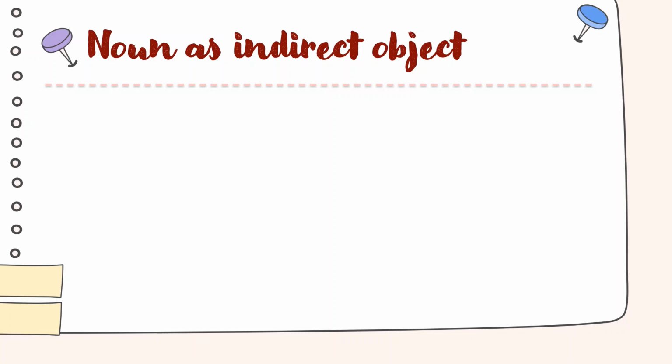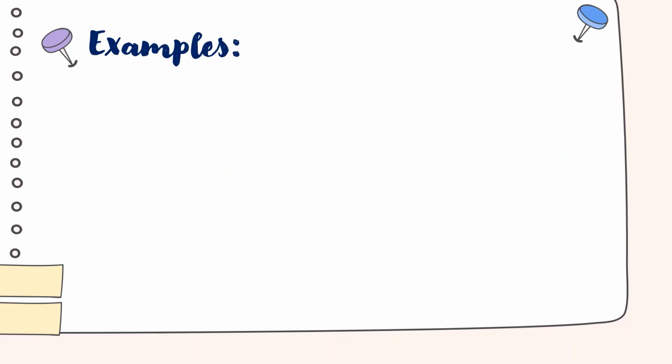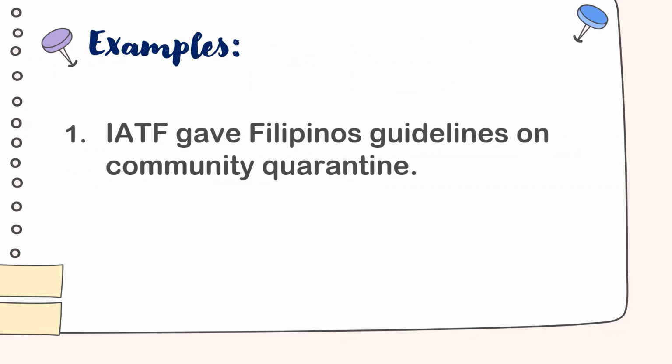Third, a noun may be used as an indirect object. In this case, a noun reveals for whom or for what the action was undertaken. Study the given examples. Number 1. IATF gave Filipinos guidelines on community quarantine. The subject in this sentence is IATF and the verb is gave.